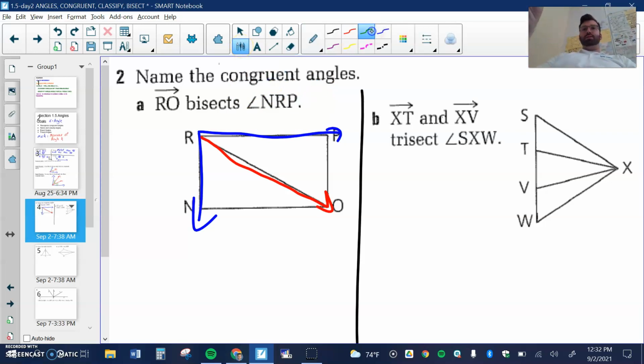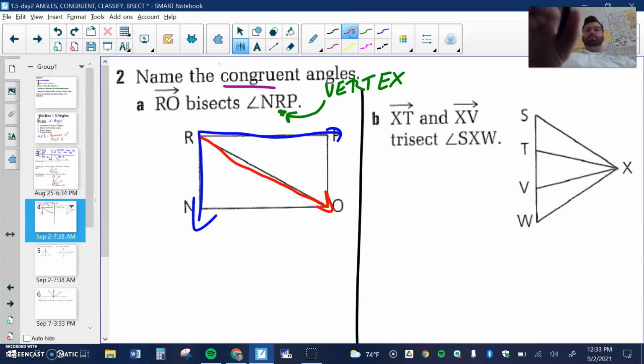The vertex is always this middle letter here. That is our vertex. It's very important to understand that R is the vertex, because when we decide which angles are congruent, we want to name the angles with the same vertex.